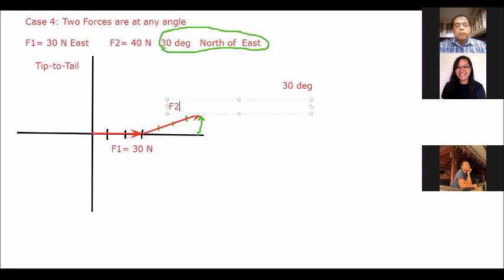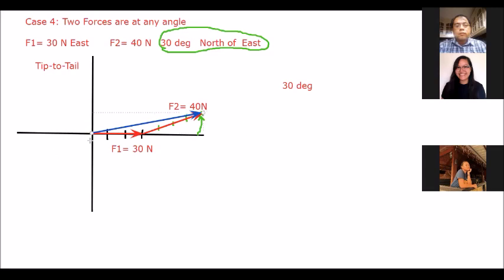So F2 is equal to 40 newtons, and given is the direction, 30 degrees north of east. Now, our last question is, where is our resultant this time? The resultant is always measured from the origin to the tip of F2.